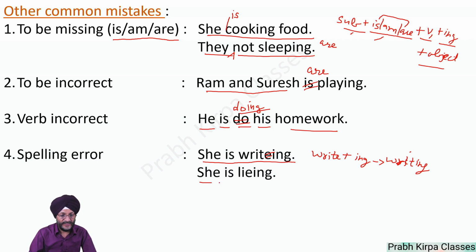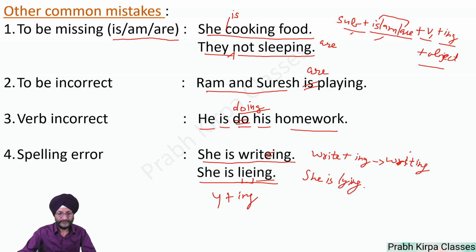Next, "She is lying." As told in the previous slide, in certain verbs we have to delete ie and add y plus ing. So ing is already there, and in place of ie we will opt for y. "She is lying."